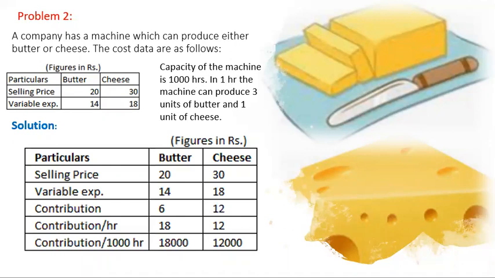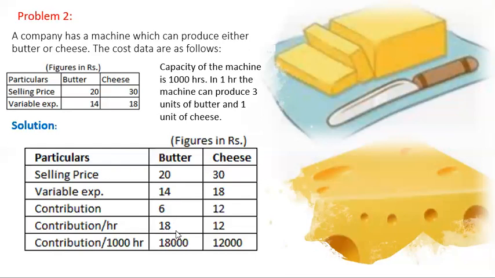Now, see, we have calculated this in the following steps. Here the selling price and variable expenses are written, and we have calculated the contribution. Contribution is selling price minus variable expenses. And contribution per machine hour: in 1 hour, the machine can produce 3 units of butter. So contribution per hour for butter is 3 into 6. The contribution is 6, and 6 into 3 gives 18.